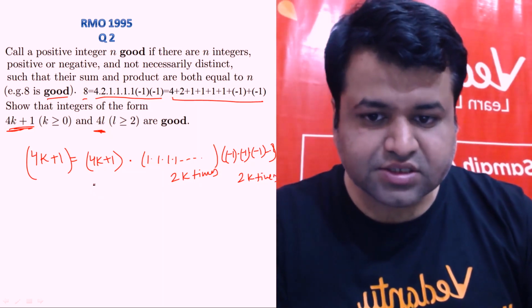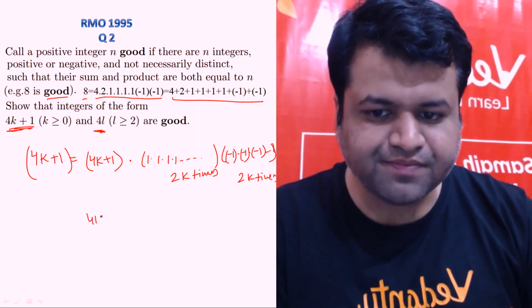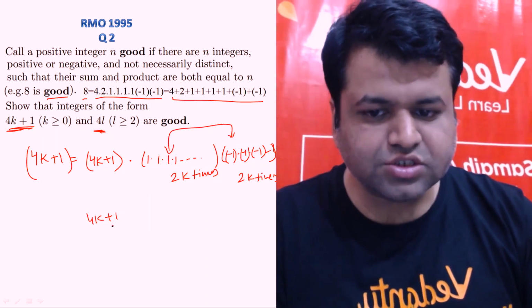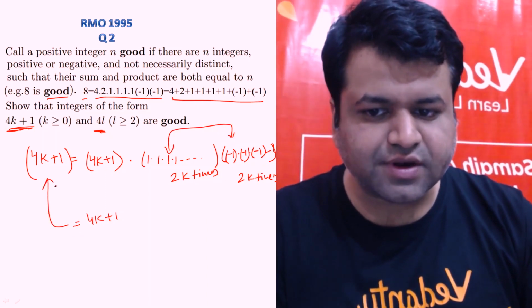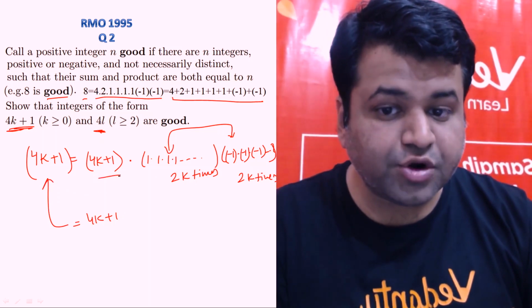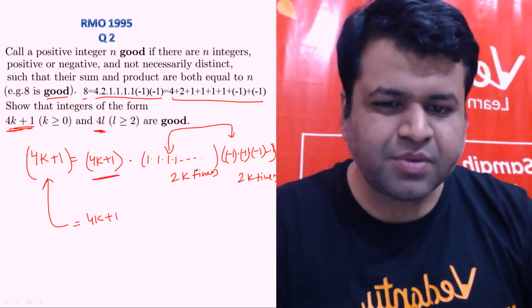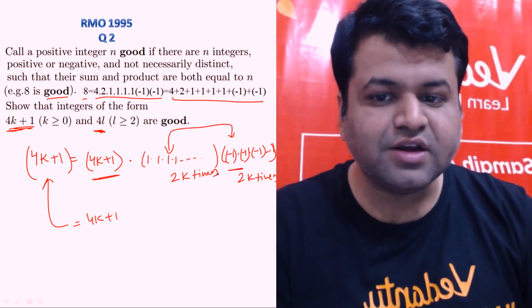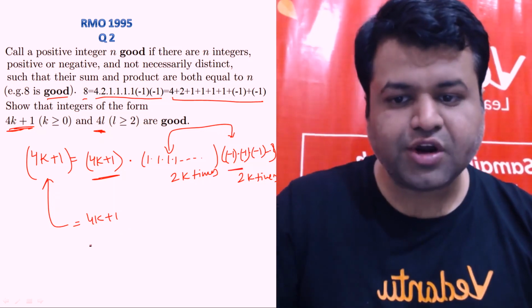So the sum is clearly 4k plus 1, since these two groups cancel out. And the product, 4k plus 1 times 1 to any power is 1, and minus 1 to an even power is also 1, so the product is also 4k plus 1.